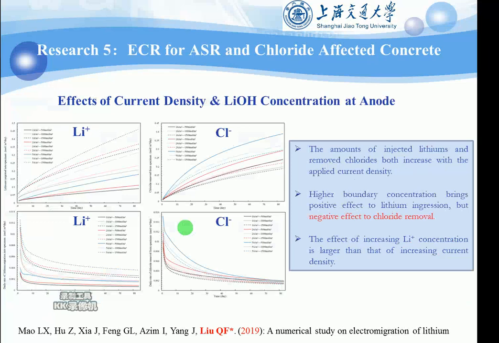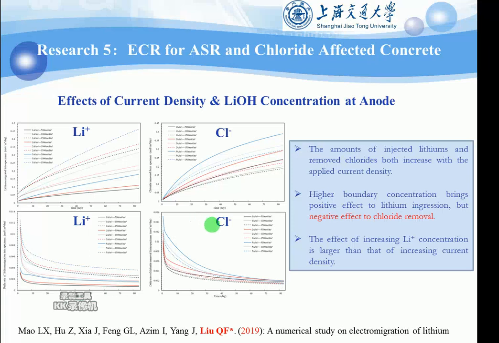Next, we also conducted some sensitivity analysis for the current density and the concentration of lithium solution at the anode. We found that the amounts of injected lithium and removed chloride both increase with applied current density, and a higher boundary concentration brings a positive effect to lithium ingression, but a negative effect to chloride removal.